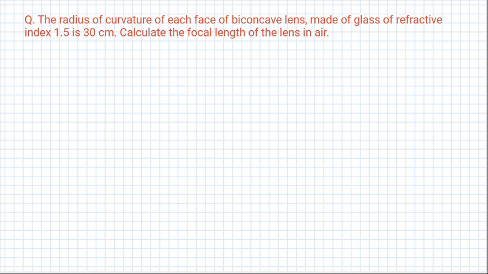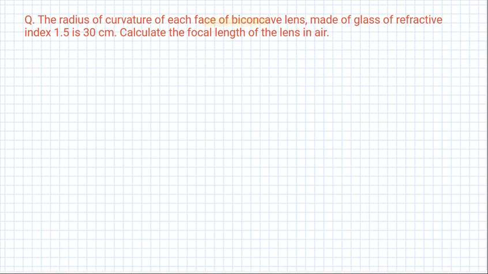If you read the question, they have mentioned what kind of lens you have, a biconcave lens. So it's not a double convex or biconvex lens, it is a biconcave lens. This is your first hint.